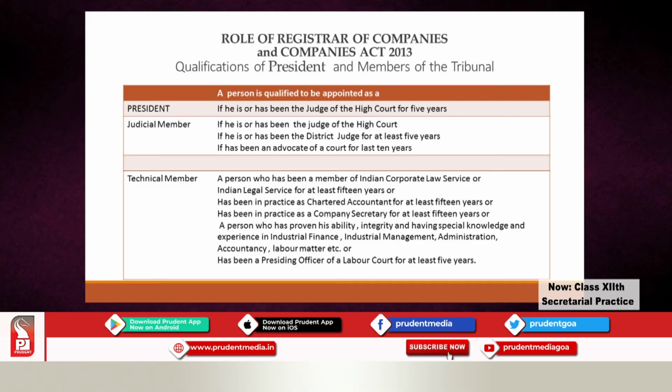A person is qualified to be appointed as a judicial member if he is or has been the judge of the High Court or the district judge for at least 5 years or an advocate of a court for last 10 years.